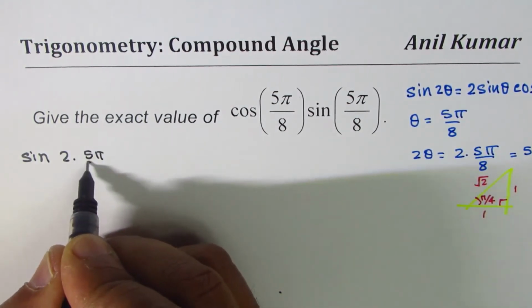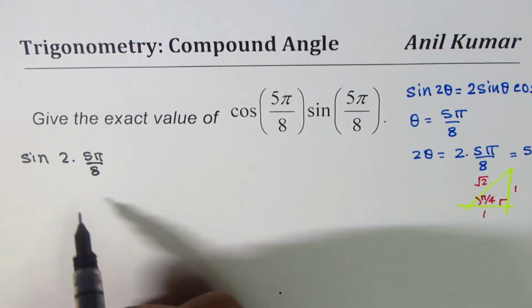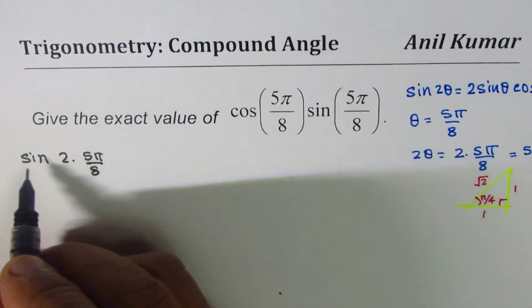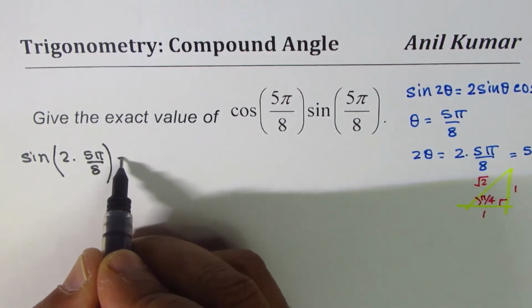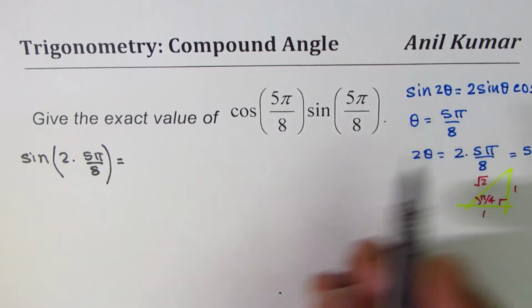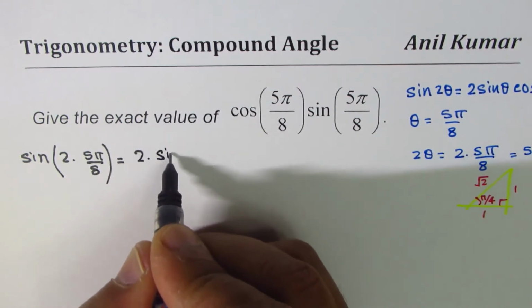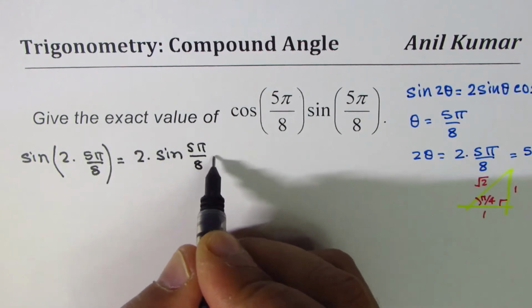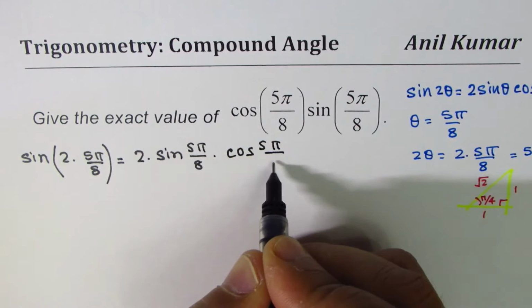What is sine of 2 times 5 pi by 8? Think of this as 2 theta. Using the formula, we could write this as 2 times sine 5 pi by 8 times cos 5 pi by 8.